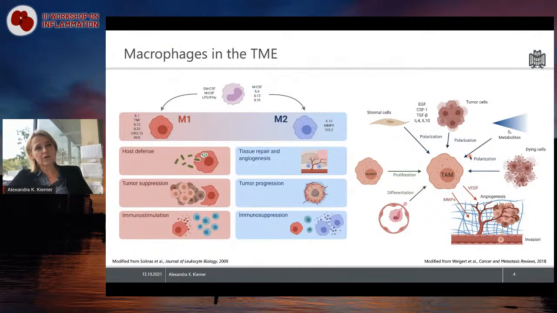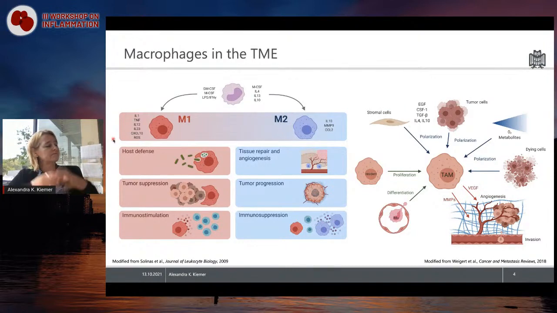If you think about macrophages, this is an extremely versatile cell type. It can polarize into very different functional cell types depending on where the macrophage can be found in the organism, in which tissue, but also at which state of an infection or inflammatory process.